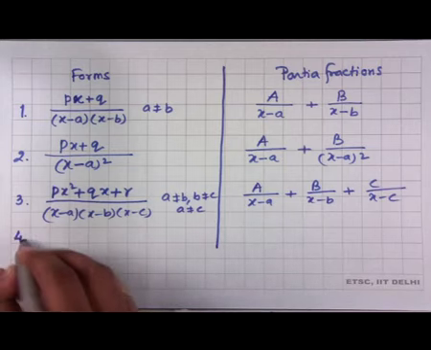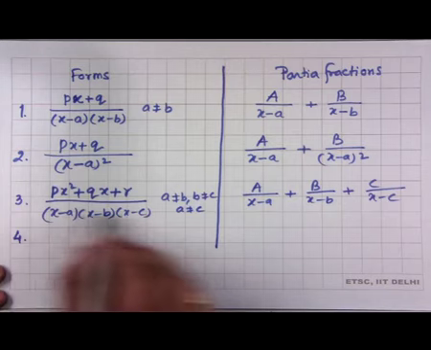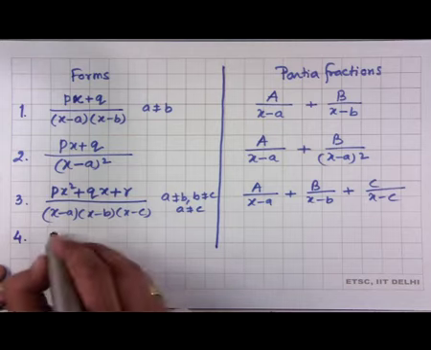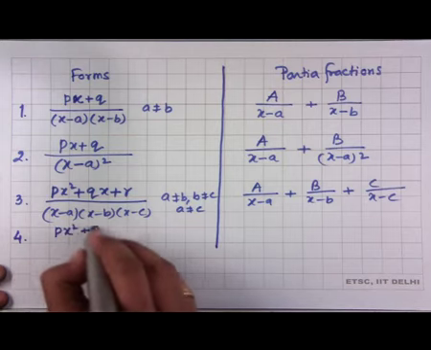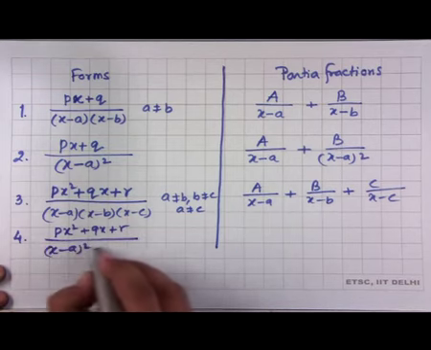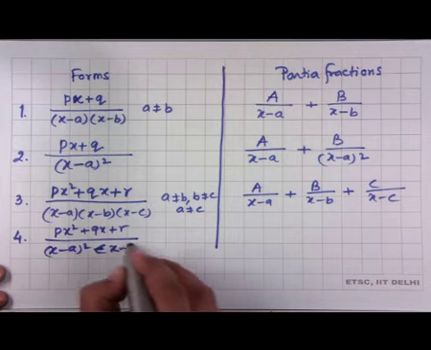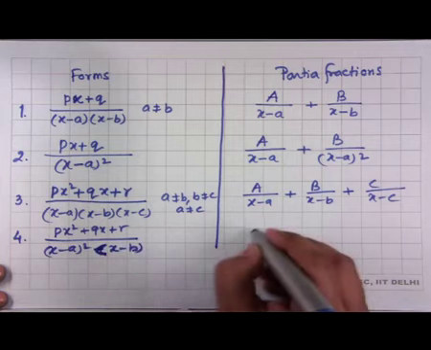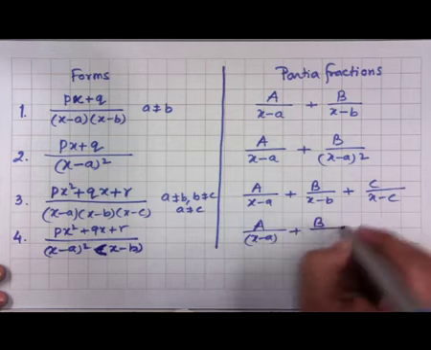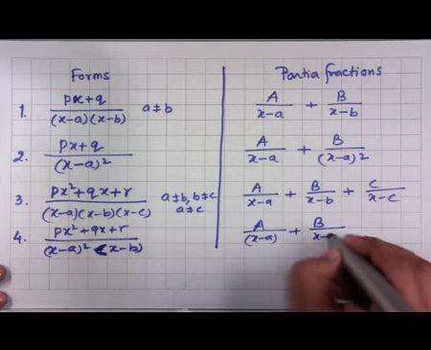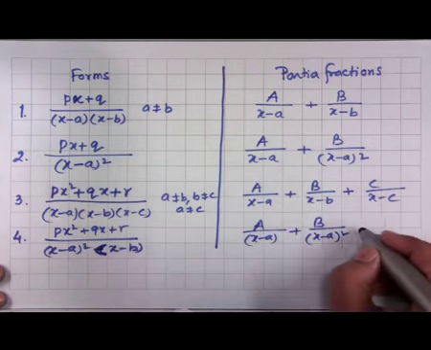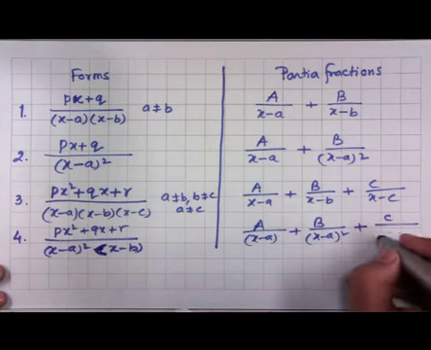Fourth case: since it is a cubic polynomial in the denominator, there is a possibility of a repeated root. So, (px square plus qx plus r) over (x minus a) whole square into (x minus b). In that case, I can write it in this fashion: A upon x minus a plus B upon (x minus a) whole square for the repeated root case, similar to the previous case when we had a repeated root, plus C upon x minus b.